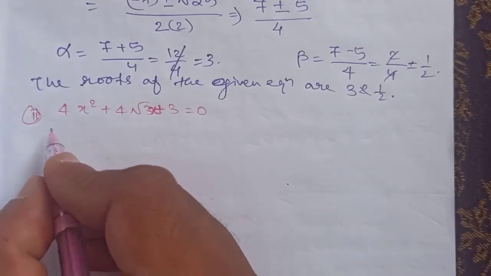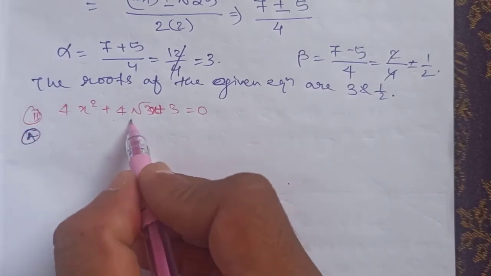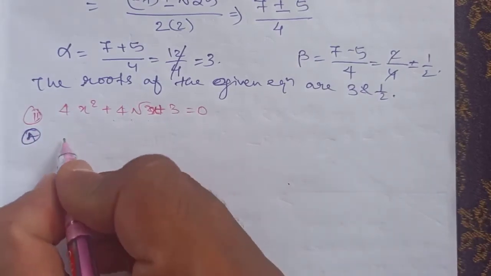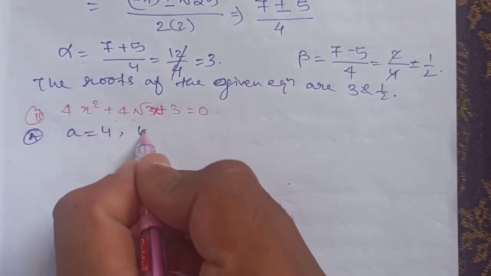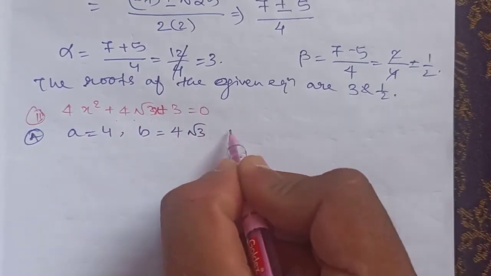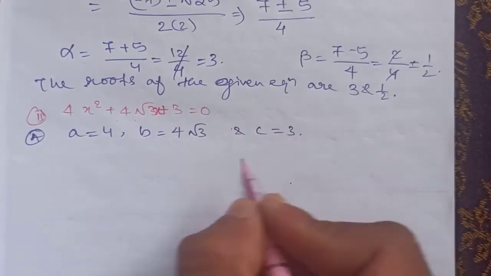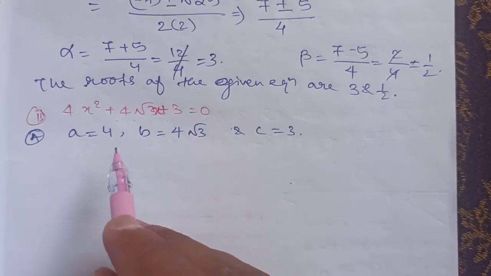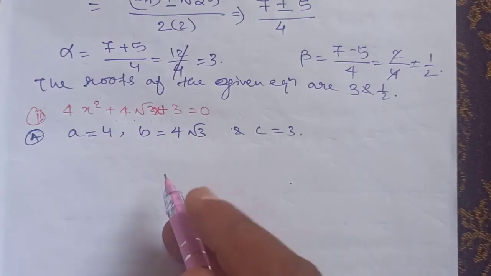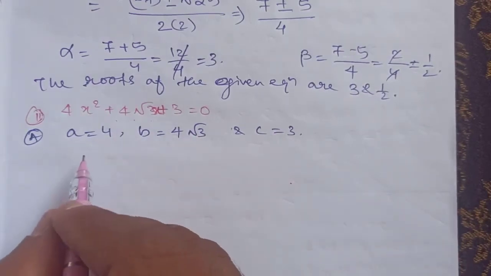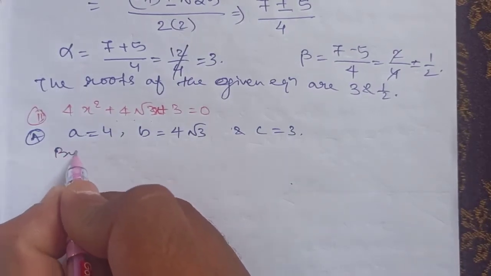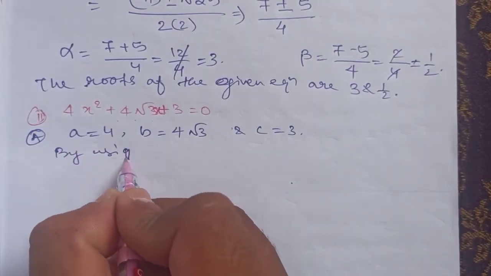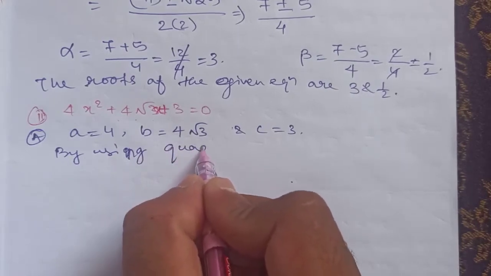In the second bit the equation given is 4x square plus 4 root 3x plus 3 equals 0. First of all, always write a, b and c. Without finding the discriminant, you can also use the quadratic formula directly. So I am going to solve this question directly by using the quadratic formula.